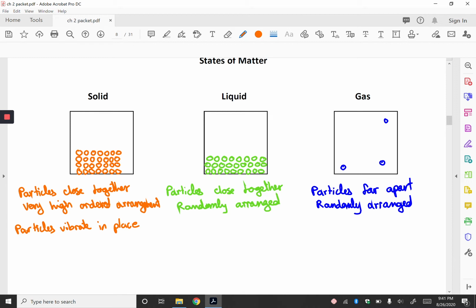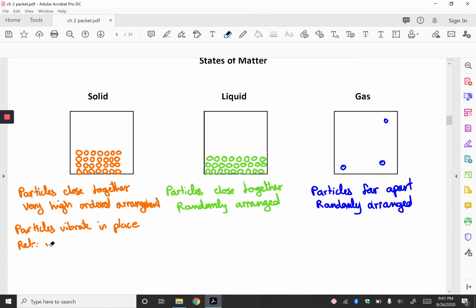And because of that, that's why solids retain their own shape. So I'm going to say retain shape. Or maybe I'm going to say, okay, let's see if I can erase it here.